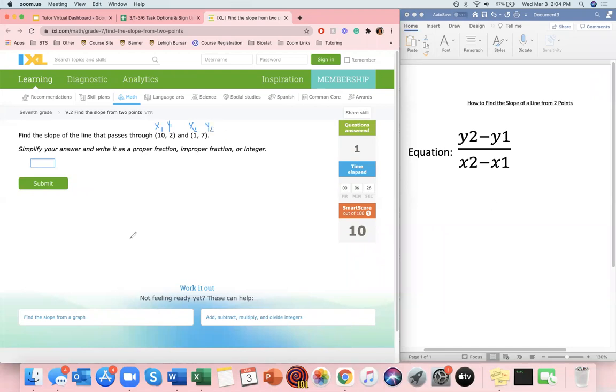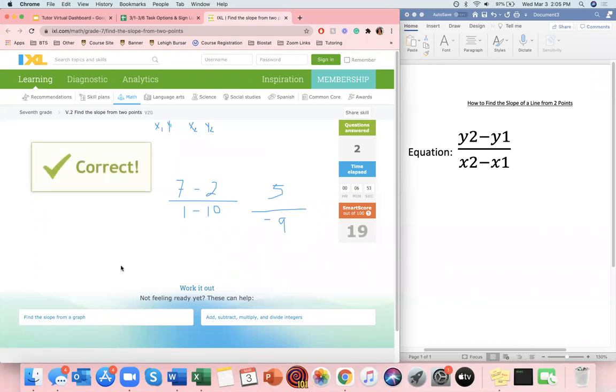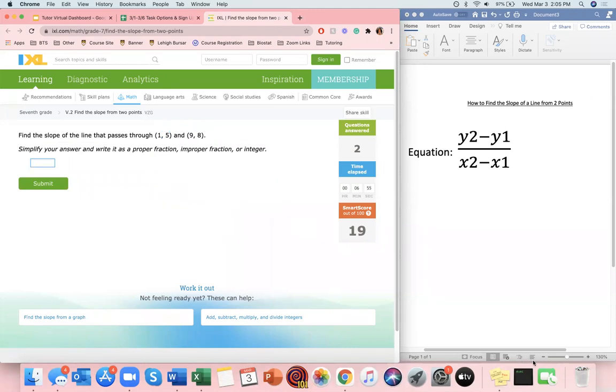Going with this formula, we would do y2, which is 7, minus y1, which is 2, over x2, which we said was 1, minus x1, which we said was 10. 7 minus 2 is 5, and 1 minus 10 is -9. So let's write that as our final answer, -5 over 9.